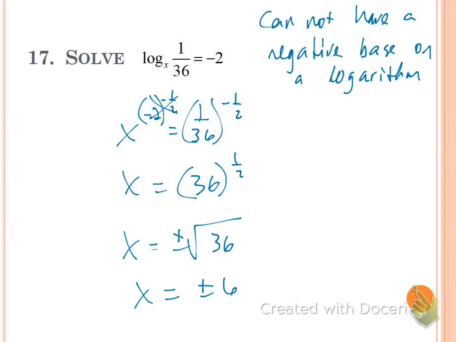Without going into a lot of depth here, it has a lot to do with sometimes it works to have a negative base and sometimes it doesn't. So we just go ahead and not worry about the study of negative bases at all when we're talking about logarithms. So what that means is that actually we can't use negative 6, because if you plug negative 6 in for x, that gives us a negative log base. So we just use 6. The negative 6 is an extraneous solution. Okay?